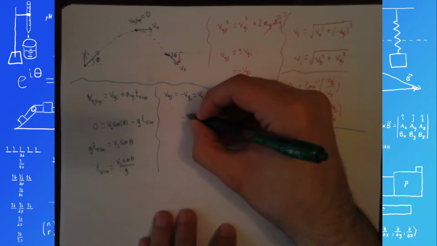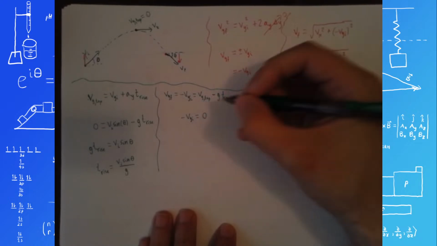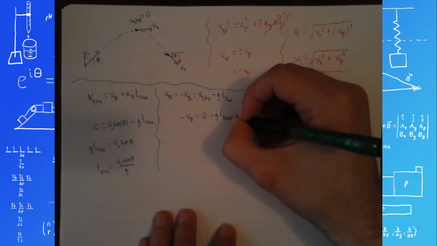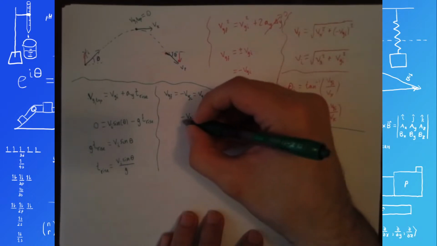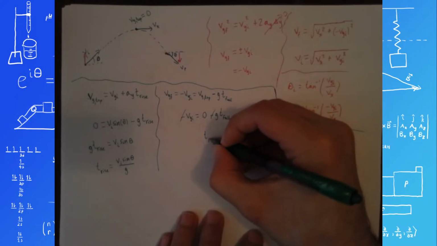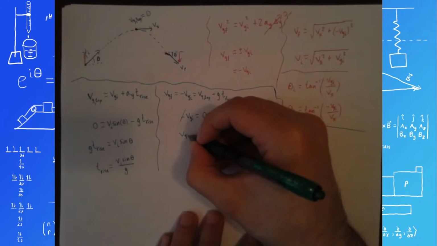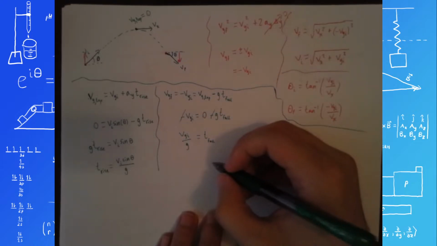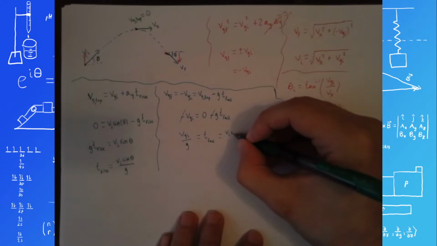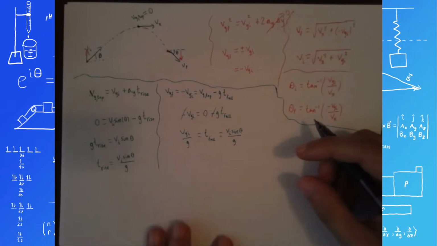So negative Vy initial equals 0 minus g t fall. The negatives will cancel out, and if I divide by g, I get t fall equals Vy initial over g, which equals V initial times sine theta over g. Okay, so t fall equals t rise.